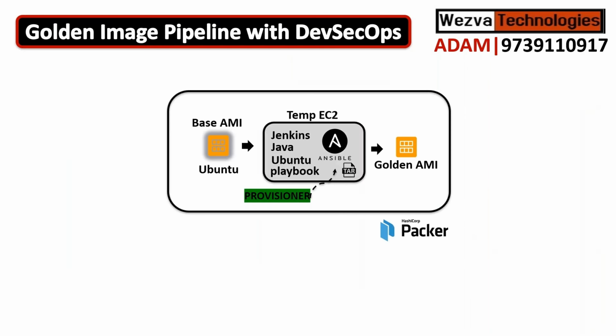For me, it is not just building this AMI, because you took the base AMI of Ubuntu, then you downloaded Java and Jenkins again from some public place. Is it really secure? How do you know whether this AMI is secure or not? It is not that I will take this AMI, run the machine, and then if there is some vulnerability in the machine, I will try to fix it. While you are developing or building this, you need to fix it.